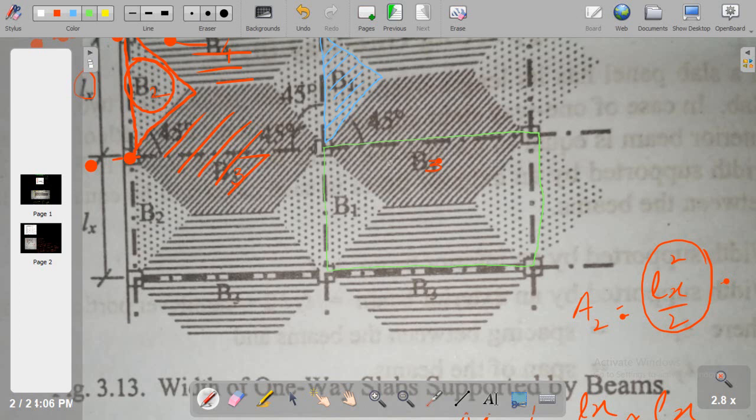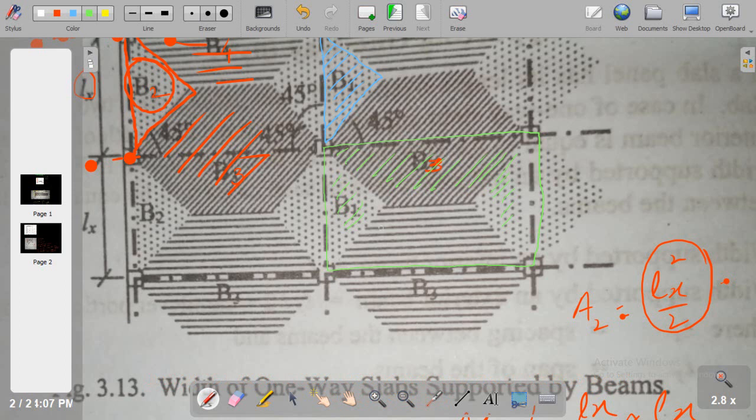Now here you can see this B3 beam. Here we can see this is my trapezoid. We see this triangle right here and a similar triangle right here. As this triangle contributes loading to this beam, and similarly this triangle contributes loading to this beam, that is why this area must be subtracted from the overall panel area.